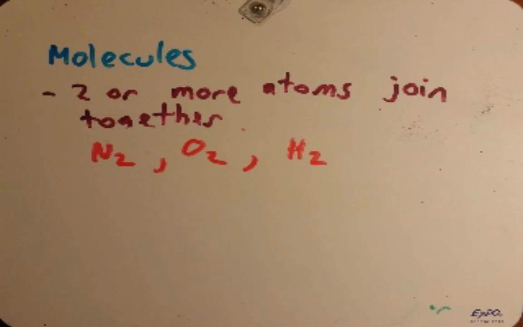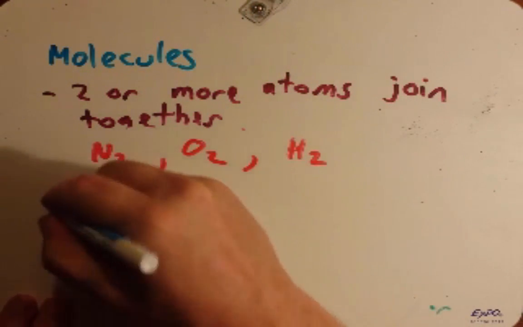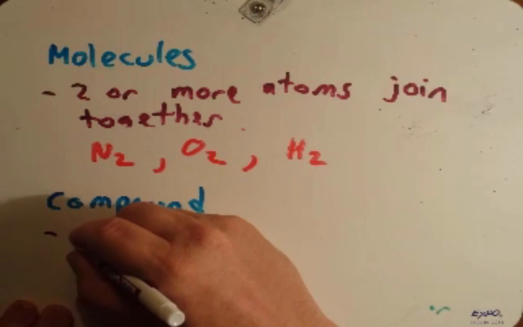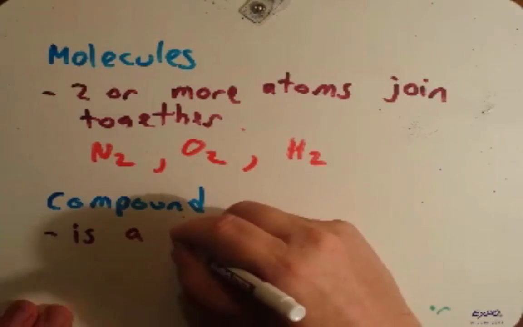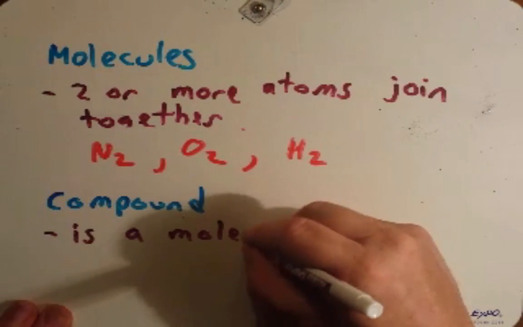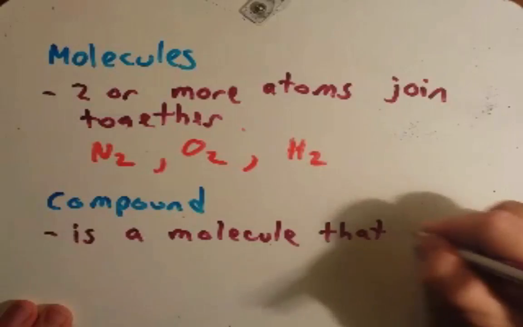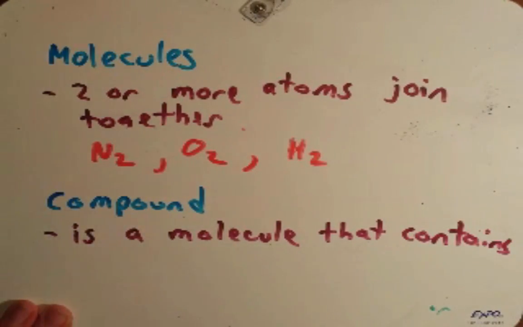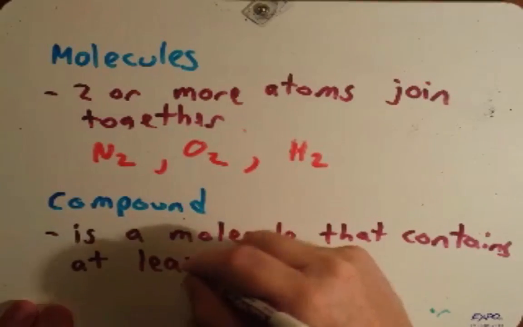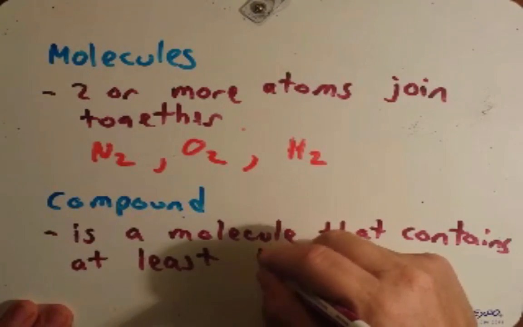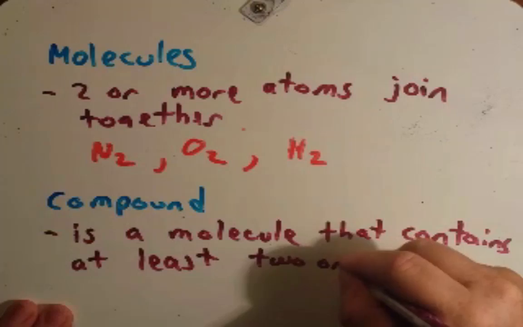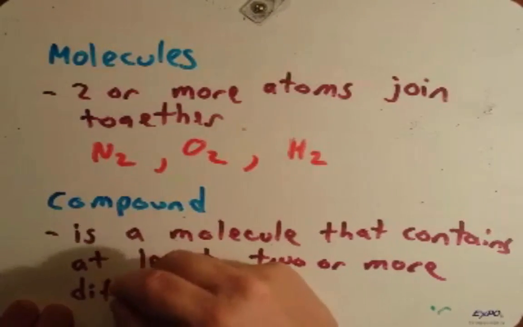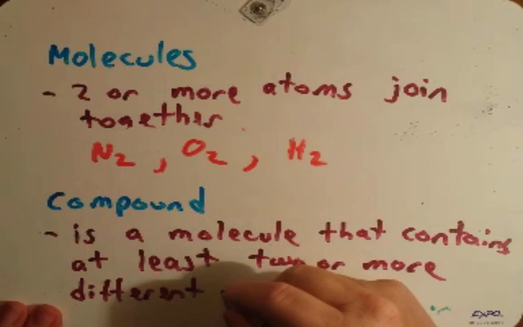And this is where molecules and compounds differ. So a compound is a molecule that contains at least two or more different elements.